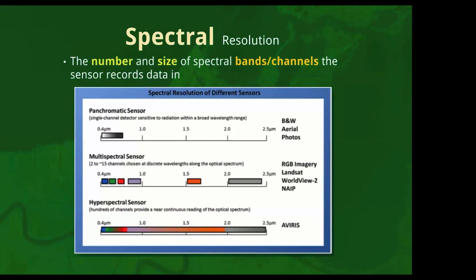Because hyperspectral sensors have hundreds of bands, they usually give you a continuous reading of the whole optical spectrum from visible to infrared, recording many tiny little portions across the whole range. One example is AVIRIS, and we will introduce another example, which is also available in certain portions of the United States, if you're interested in hyperspectral sensors.